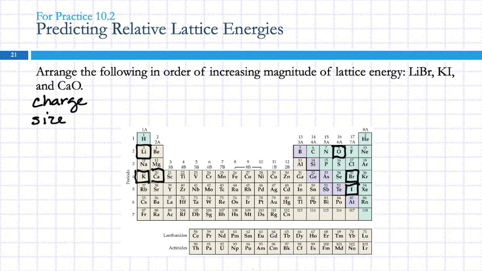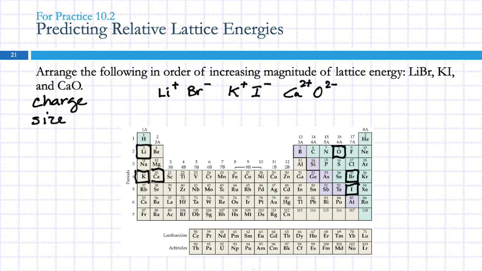So we need to look at the sizes here, but also the charges. So we've got lithium and bromide, so that's +1 and -1. We have potassium and iodide, +1 and -1. And we have calcium, 2+, and oxide is 2-.